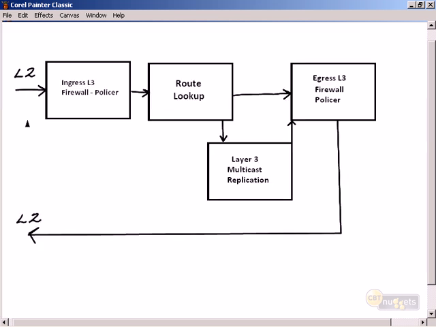Okay, so let's say the destination MAC address was matched in the table against an interface on this particular device, this switch, this multi-layer switch, or this router. So we're going to come from the layer 2 process up to the layer 3 process, or up to routing. Now, why would the destination MAC address be this device? Well, there could be a static route pointing to this device.